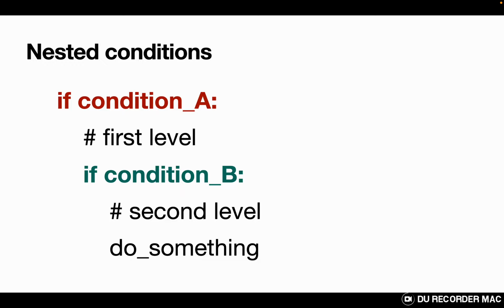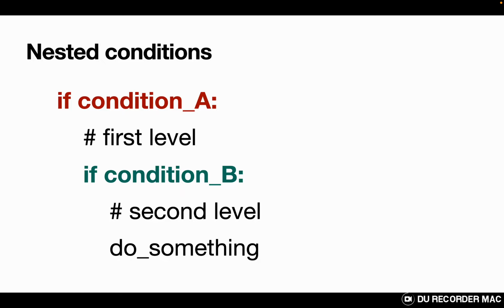Code inside the nested or the inner if, condition B here, is indented one more level. Each further decision you nest adds another level of indentation. Consistent indentation is essential. Otherwise, Python gets confused about which block a line belongs to and gives an error.